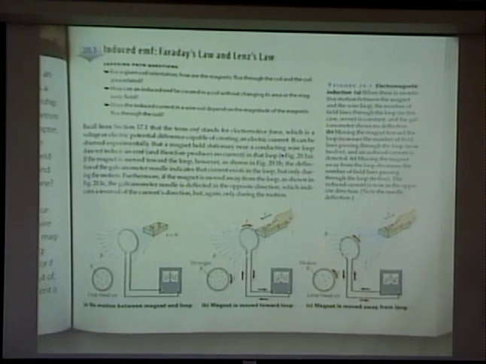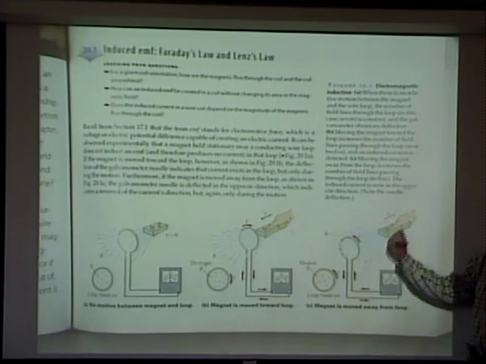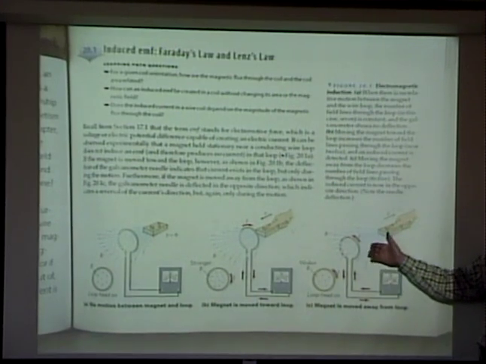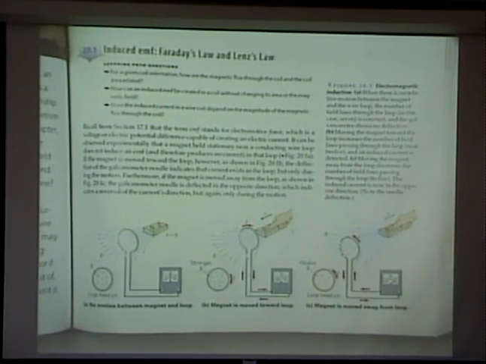But when the magnetic field is increasing, it creates one in the opposite direction. So no matter what happens, if the magnetic field is decreasing, it'll create a magnetic field to help it increase. And if it's increasing, it'll create one that's trying to make it decrease.